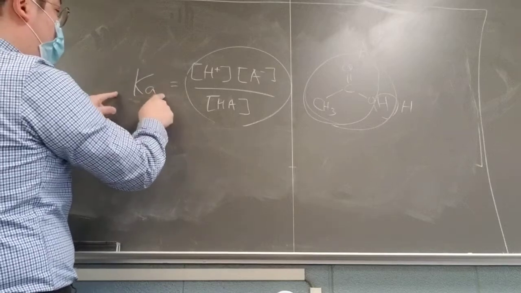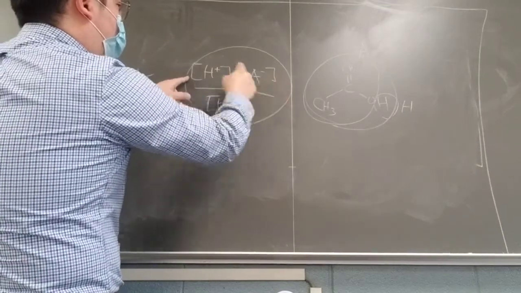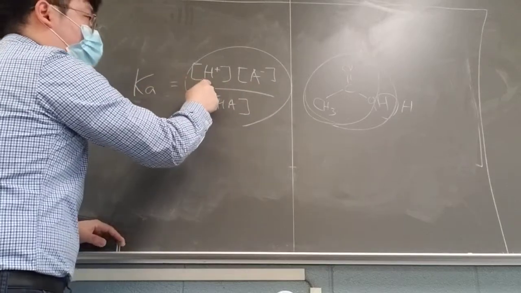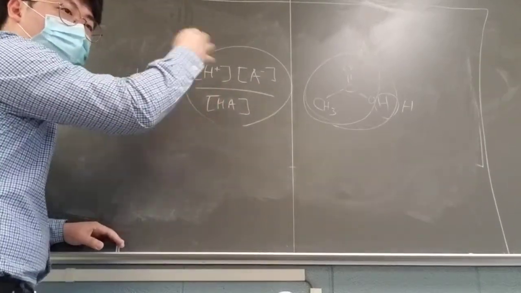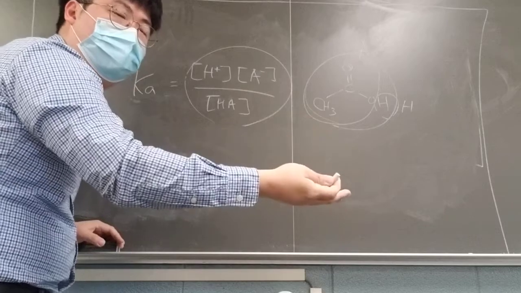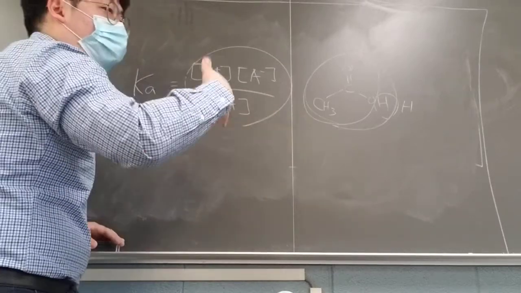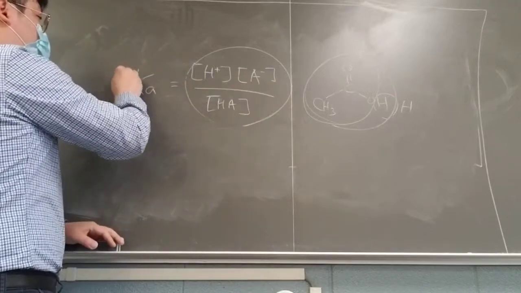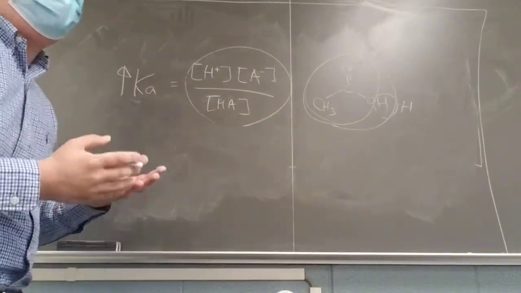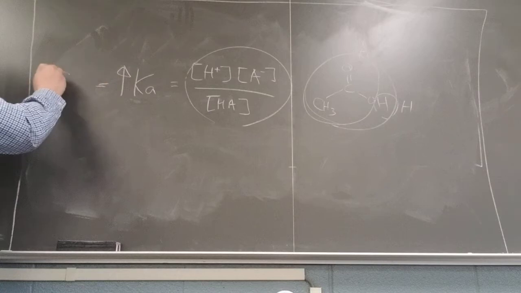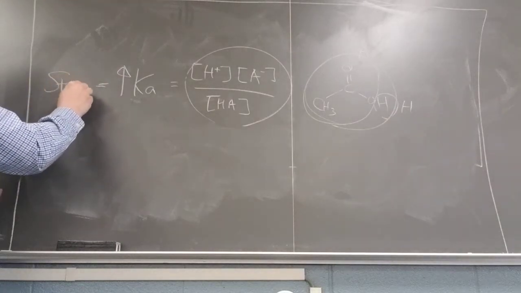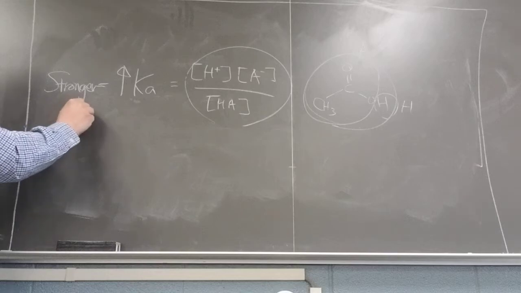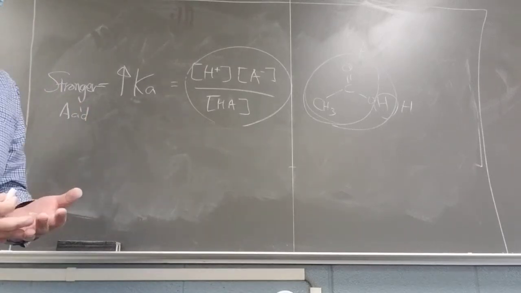So a higher Ka means higher amounts of H plus and A minus. More H plus makes it more acidic, because more protons are donated. So a higher Ka means a stronger acid.